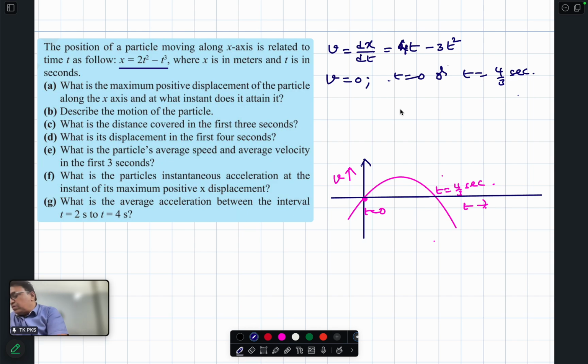I'll give you one more case. I think you can follow from this. For example, x = 2t square minus t cube. You know how this graph is, I'll explain.